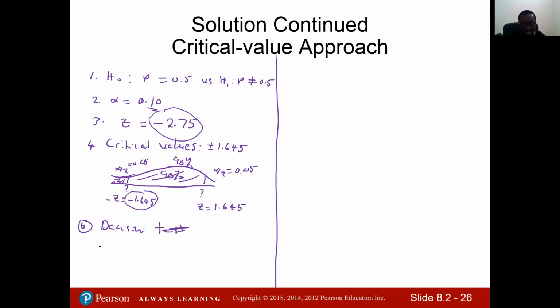If the test statistic is less than or equal to the critical value, because this is negative, that's why I'm comparing with a negative. So the question is, is this true? Is negative 2.75 actually less than or equal to negative 1.645? You see that I did not compare with a positive, because my test statistic is negative.